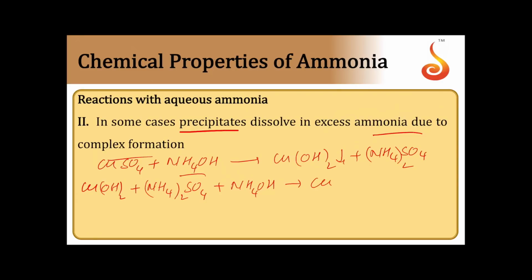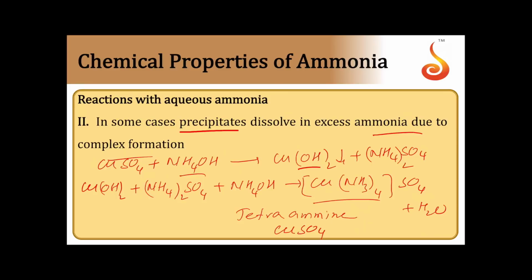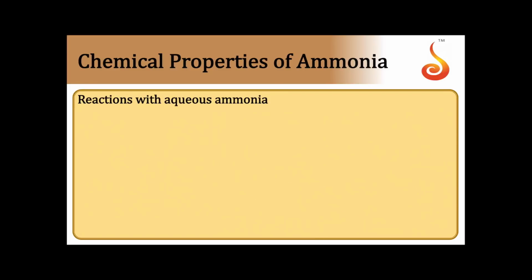Then you get a complex, copper tetraamine, plus water. This is tetraamine copper sulfate, which is water soluble. So when you take excess ammonia, the precipitate dissolves in the case of copper sulfate.